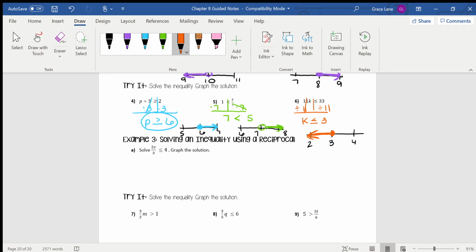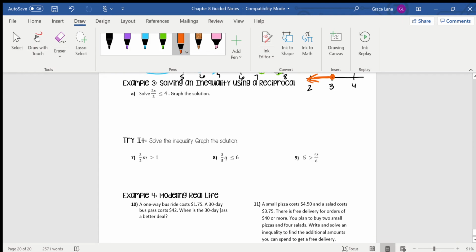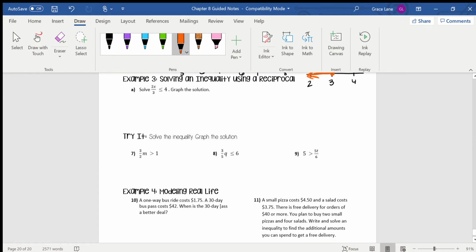Okay, next we are going to try incorporating fractions. These really aren't more difficult, they're just, when you say a fraction, I know you freak out just because it looks different, but this says 2x over 3. And so if I were you, if you see something like this, I would just rewrite it so it doesn't look as scary.